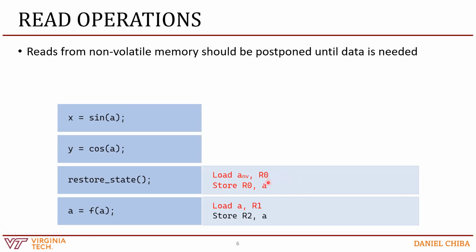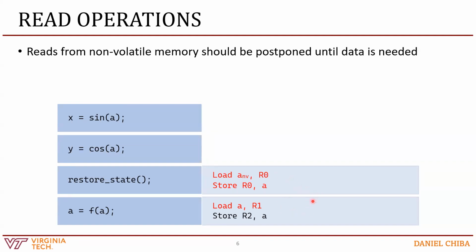So it'll load the non-volatile value of A into some register and put it back into volatile memory. And when it's used, it is loading that value from volatile memory into a register once again.